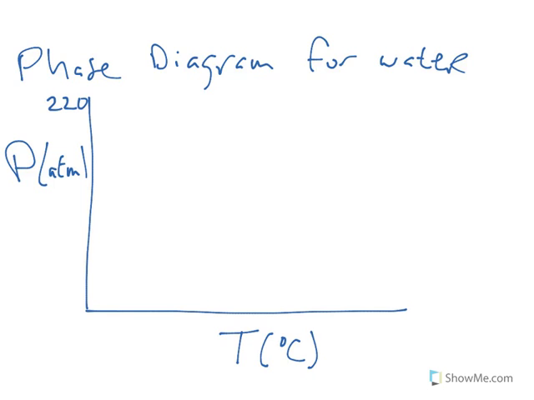And we can go down to a pressure of 0.006 atmospheres. You need a pretty darn good vacuum to get down there. So just bear with me while I draw these curves for a second.